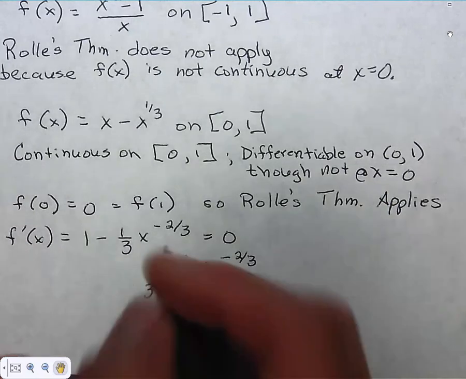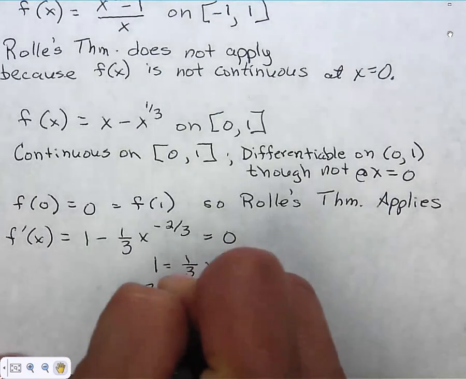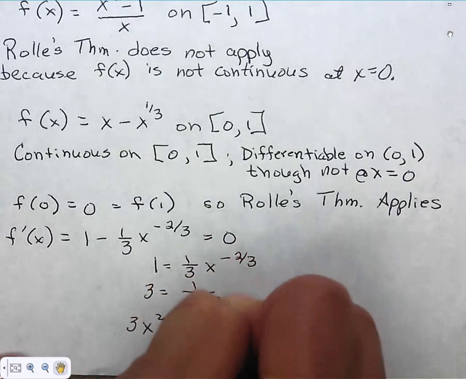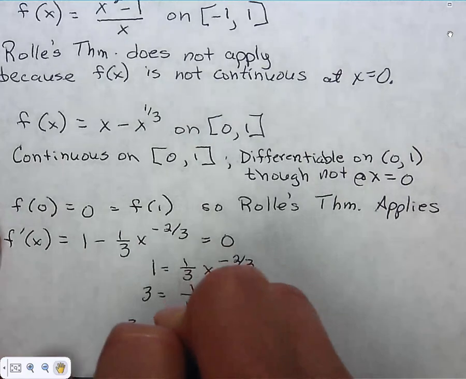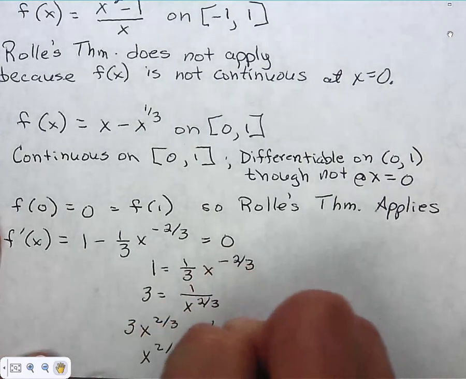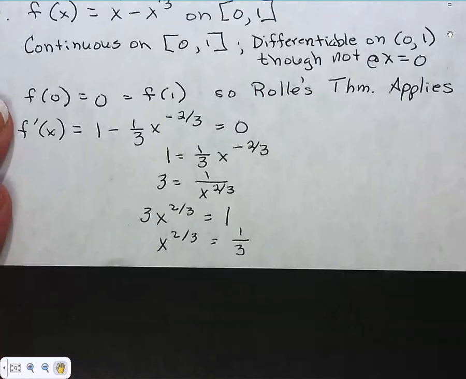I guess in the same step, I could have multiplied both sides by x to the 2/3. And then what? I'm solving for x. What would I do next? Divide by 3. And then what?